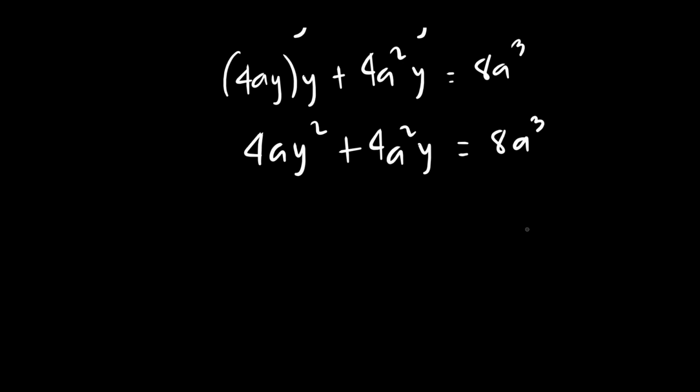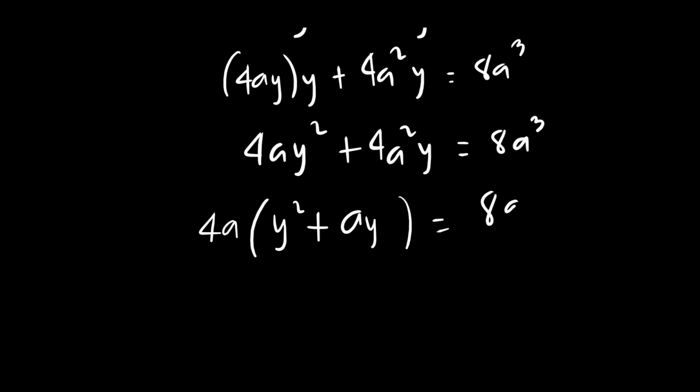We'll further factor out 4a. So we'll have 4a multiplied by y squared plus ay equals 8a cubed.